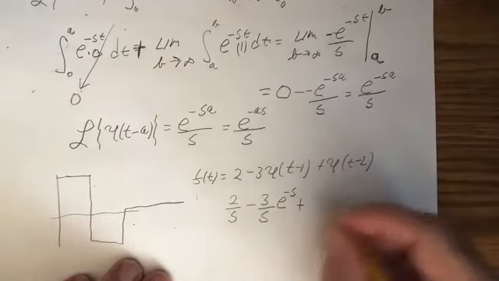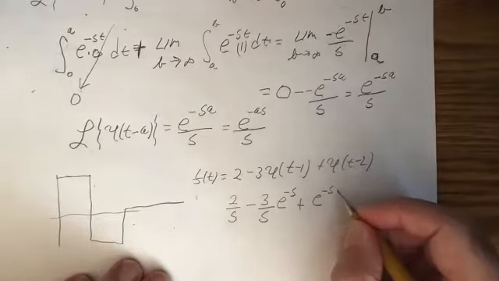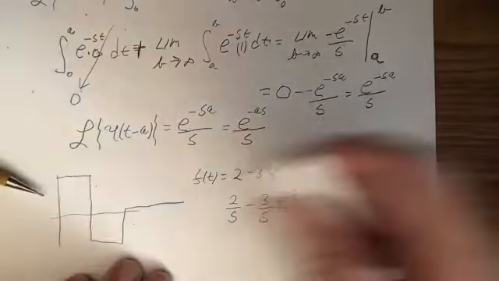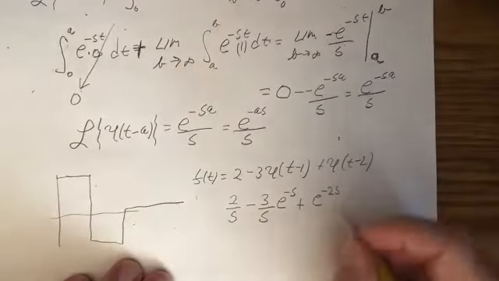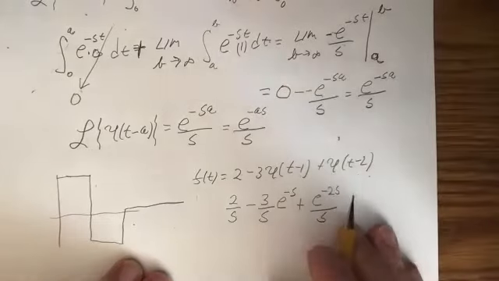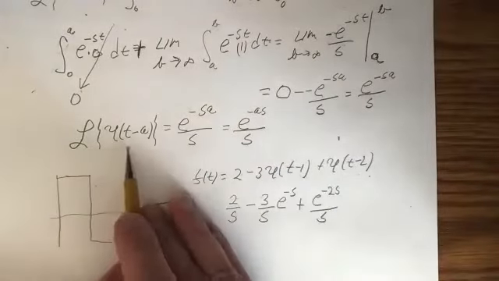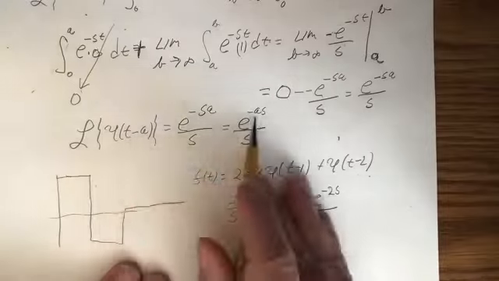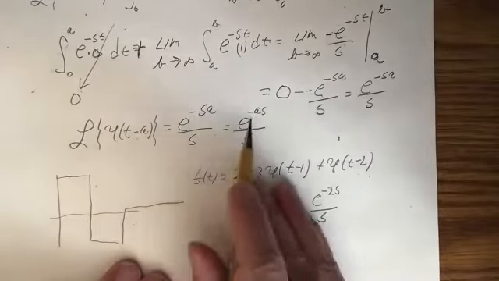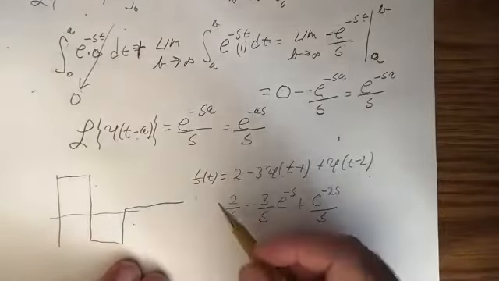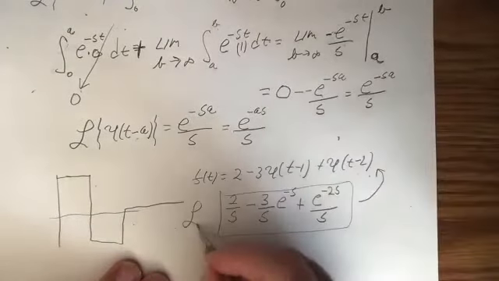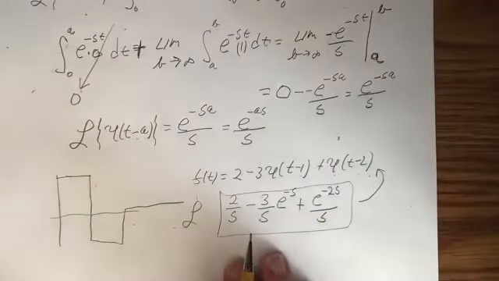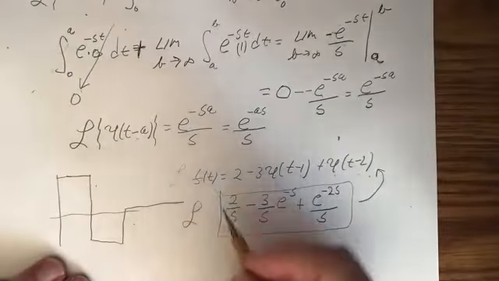And then the Laplace transform of this is just going to be e to the minus 2s over s, right? Here the signs match. Sometimes you've got to be careful if the signs are different. So this is the Laplace transform of this thing. I guess I should have put the L here, but you understand?